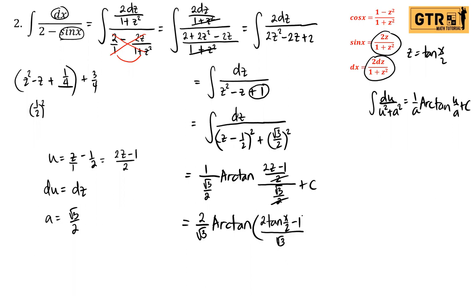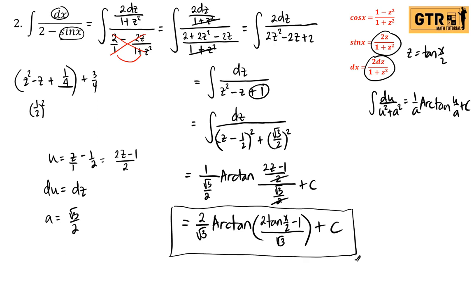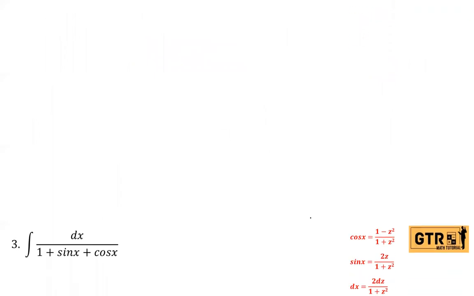Okay, so let's put that in parentheses plus c. So this will be the final answer. Or if you want to rationalize the denominator, you can rationalize the denominator. So this can be the final answer also. 2 over square root of 3 arctangent 2 tangent x over 2 minus 1 over square root of 3 plus c.